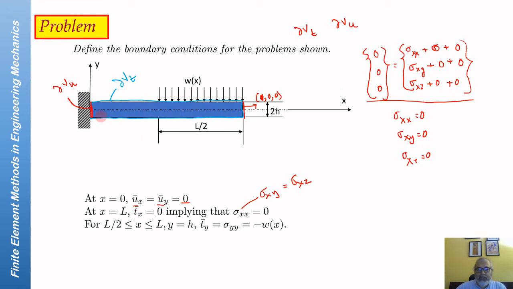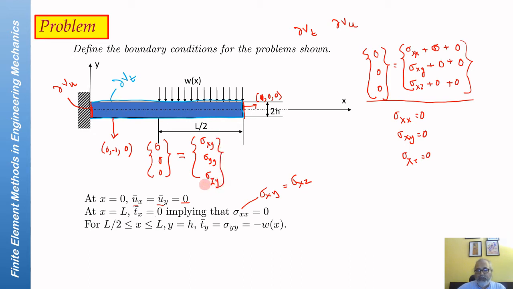Again, on the lower surface, the normal is (0, -1, 0), and the traction vector is again (0, 0, 0). It's a traction-free surface, and this will imply that sigma xy, sigma yy, sigma zy are 0.